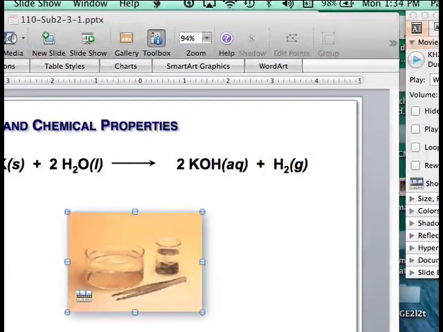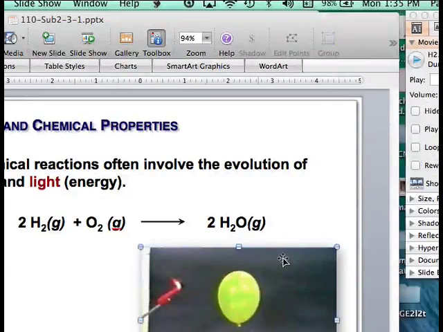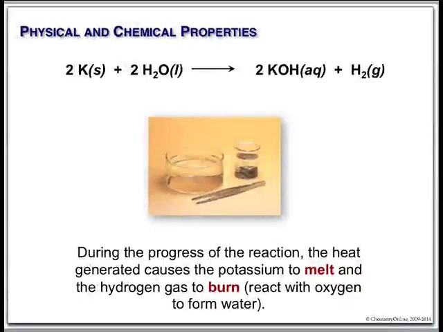All right, so this guy reaches in, pulls out this little chunk of potassium. It hits. As soon as it does, it melts. That's why it runs around in this little glob. Hydrogen gas reacts with oxygen, and it burns. That was so much fun. Let's see if it'll do it again.